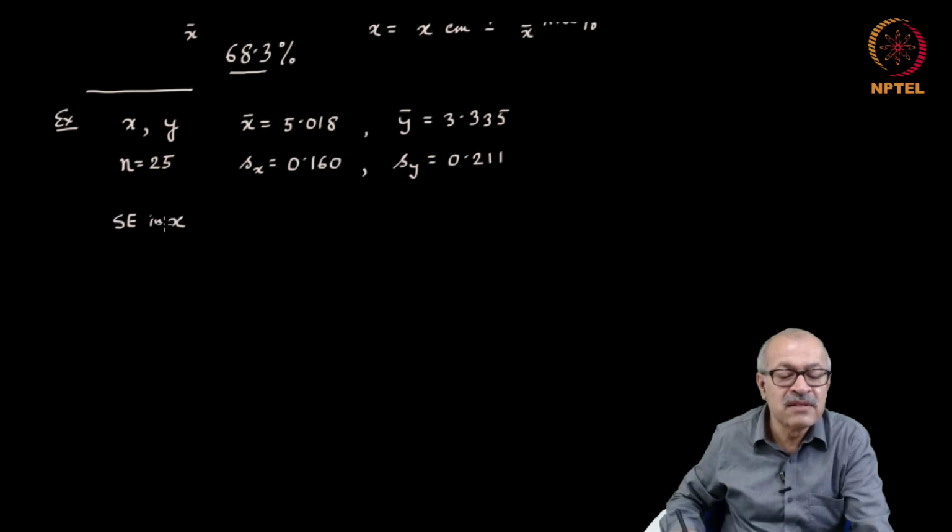in x will be sigma by square root of n. Now, sigma we do not know, but we know the s, therefore, we substitute by that.